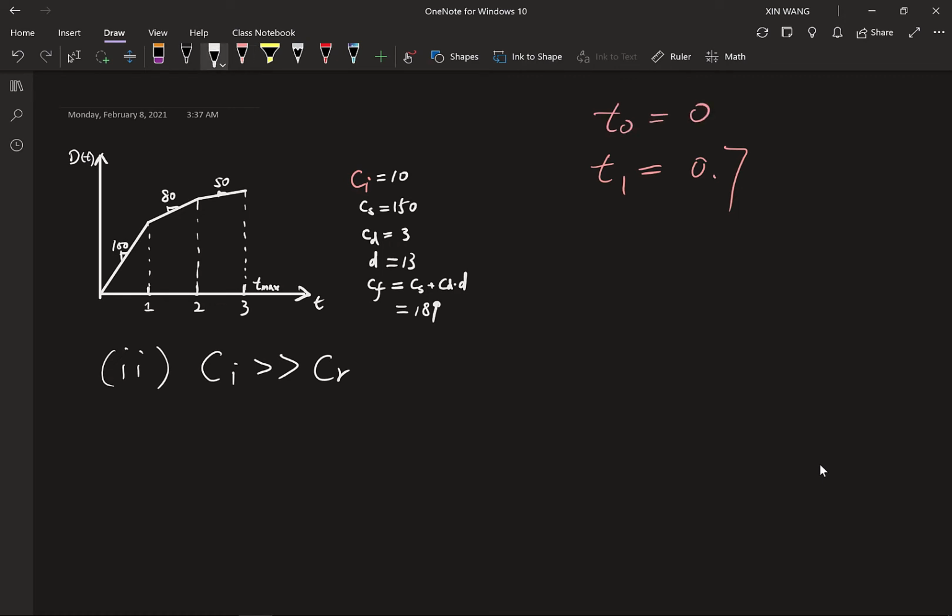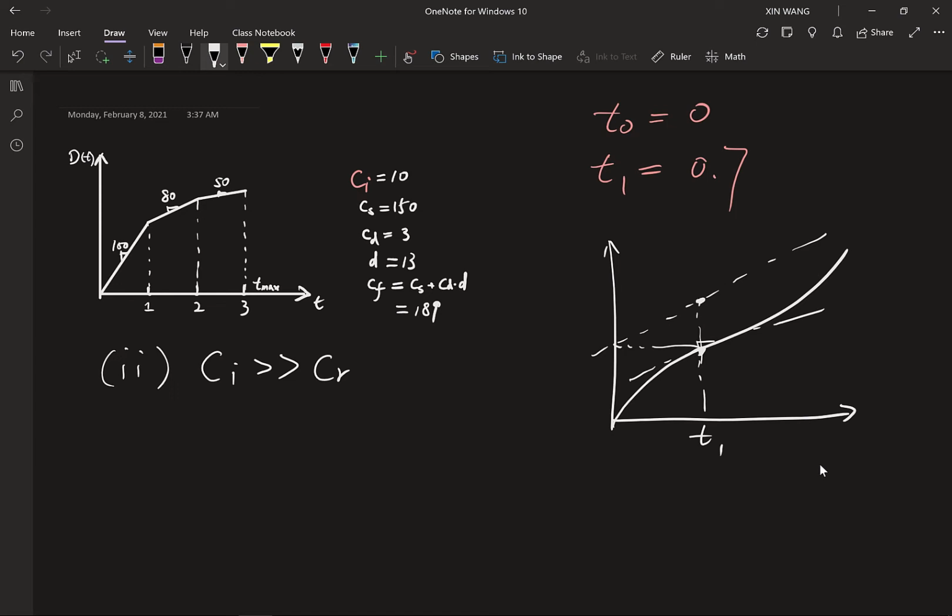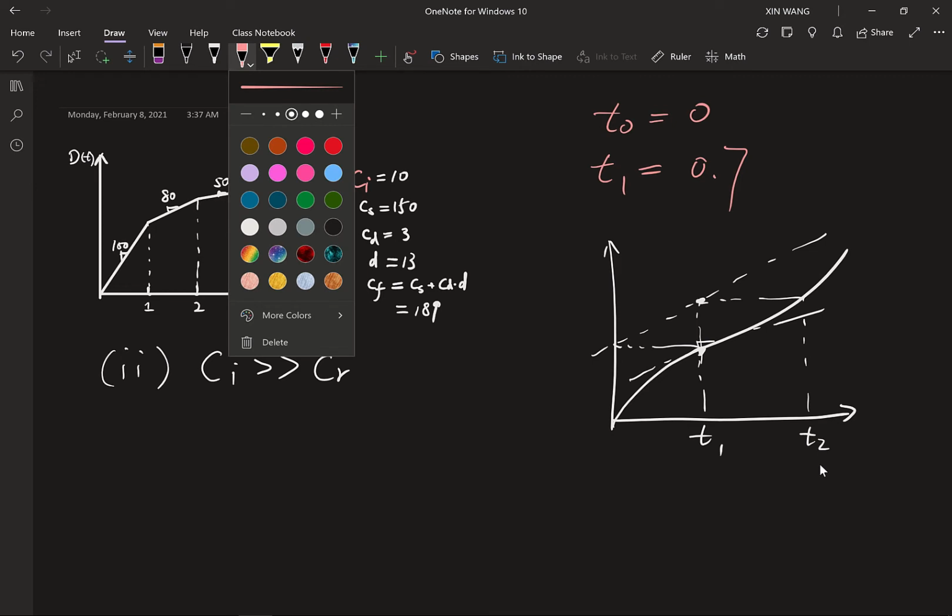So recall our shooting method logic. If we have T1 selected, we will get the gradient. And then the next dispatch will be determined by a parallel line with the intersection at T1. This gives us the next dispatch T2. So let's try to calculate.